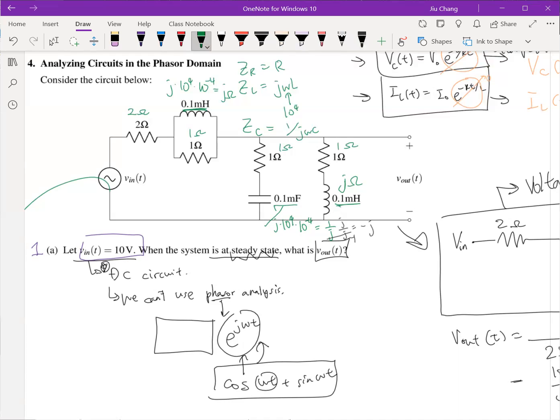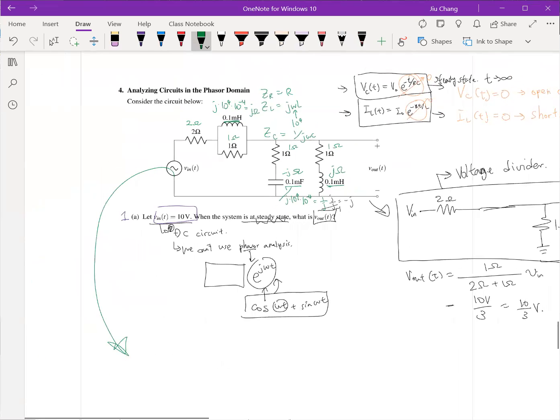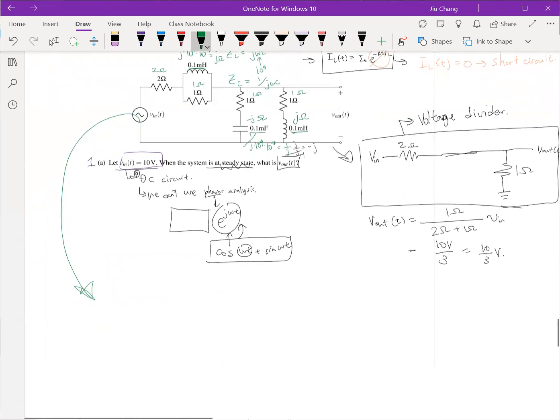Okay, so we finally made everything in terms of impedances. And now we will simplify this circuit because this circuit is way too complicated for us to solve. And it's also very easy to simplify.